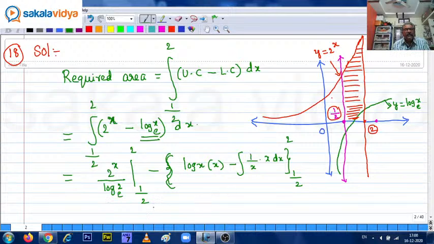Now we get, first substitute the upper limit 2 square, minus the lower limit 2 to the power of half, that is root 2, upon log 2 base e.